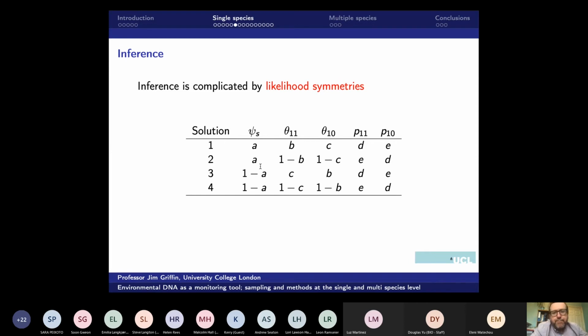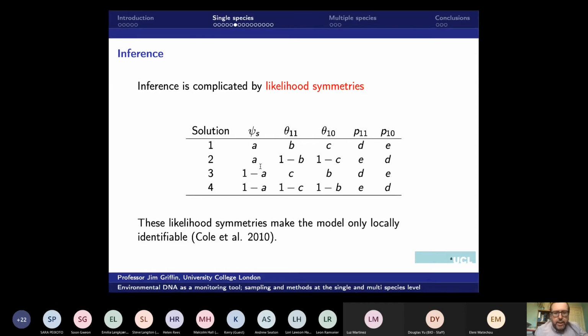In some ways that's not hugely problematic, because I can estimate the model, come up with estimates, and then rearrange them so that they look sensible to me. But as I'll explain, that's a pragmatic way of doing it, and there are some problems with it. So that's a quick fix.